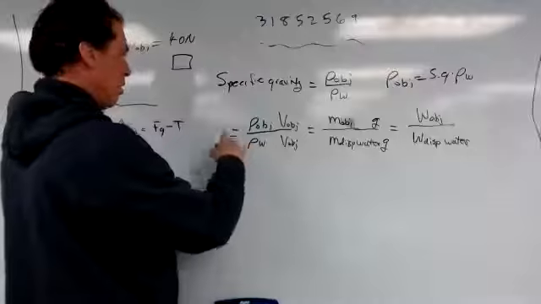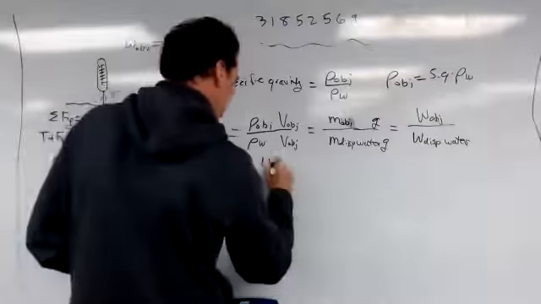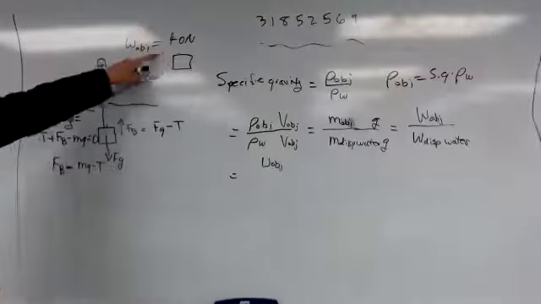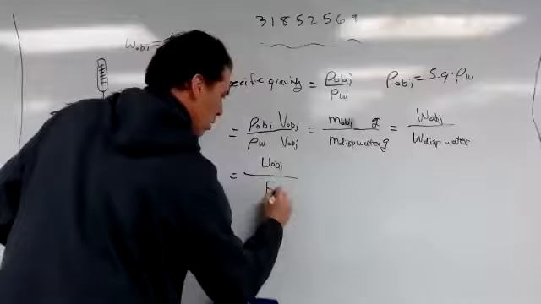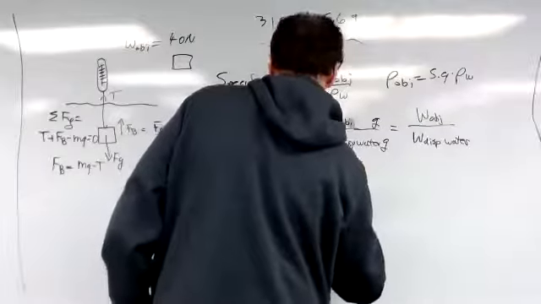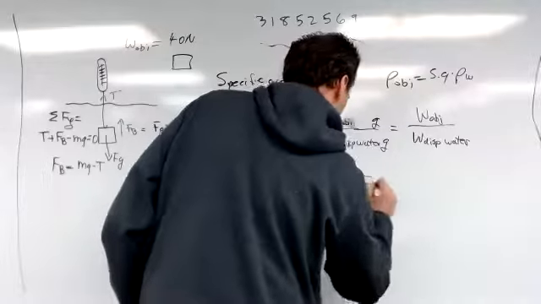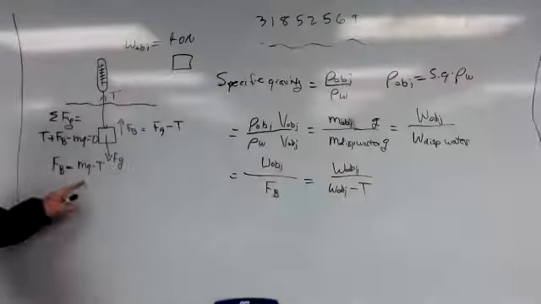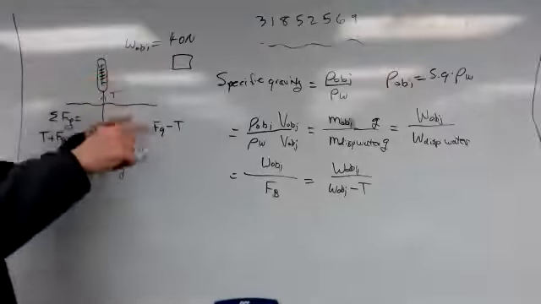So the specific gravity is equal to the weight of the object, which by the way is the thing we know, divided by the buoyant force, which is just the weight of the object, mass times g, minus the tension. But the tension is just whatever it weighs in water.